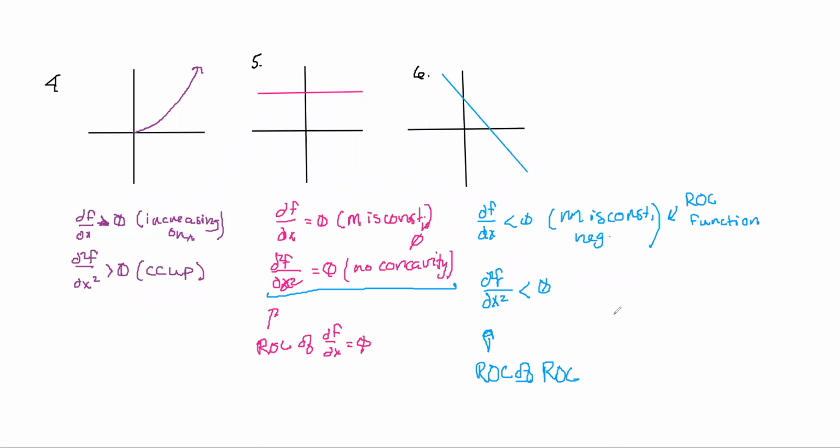So if the rate of change of the function, what is this going to look like? This is just going to be some number, right? Some constant negative number. Mm-hmm. So if I have the rate of change of something that's not changing, what is the second derivative going to be? Positive, negative, or zero? You lost me.